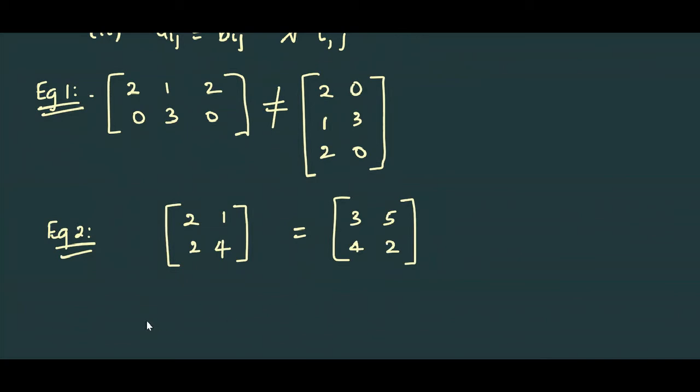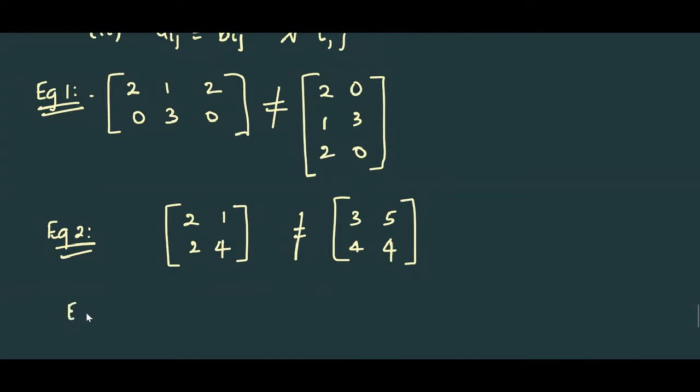Now it does not matter if A22 and B22 are equal, like these two are same. Every element must be equal. Two matrices are said to be equal only when they are of the same order and the same elements.